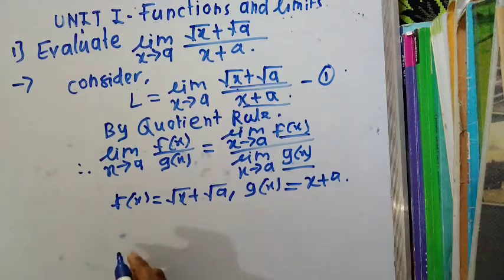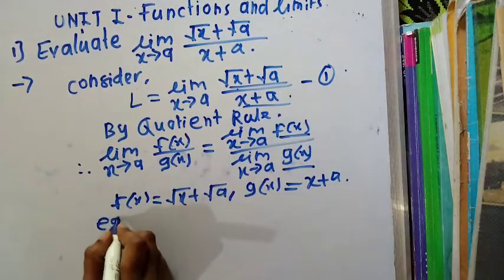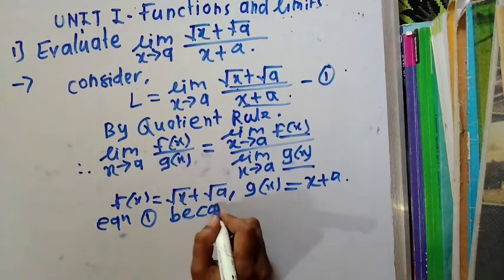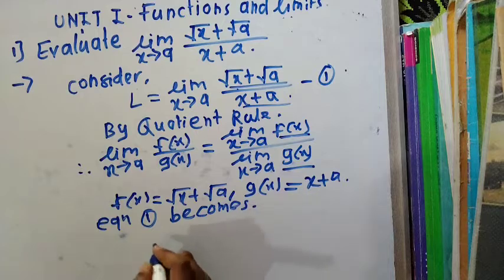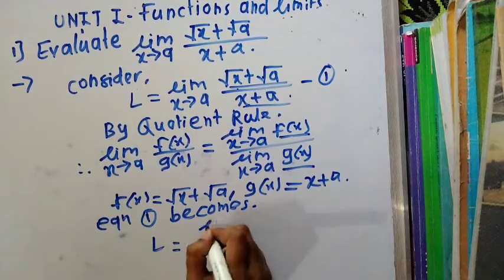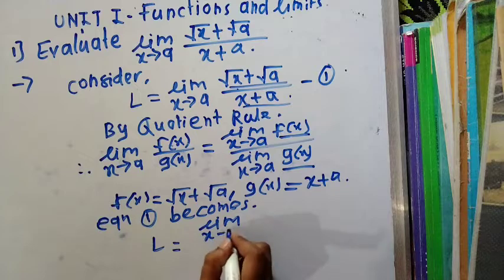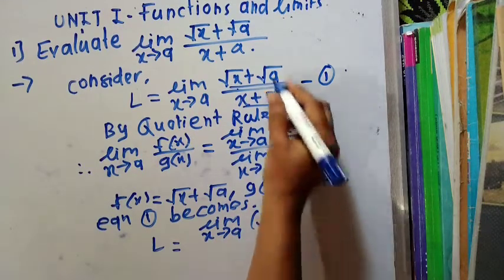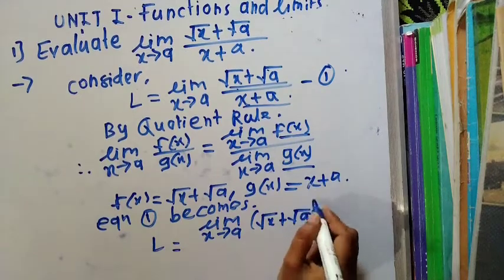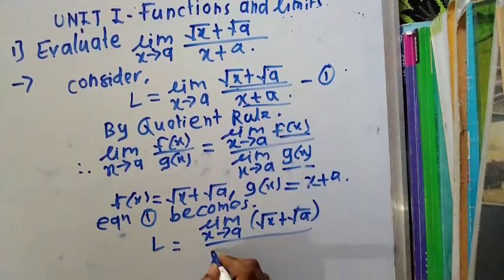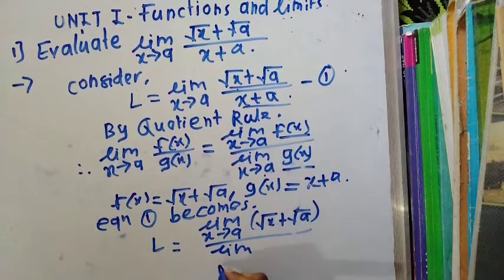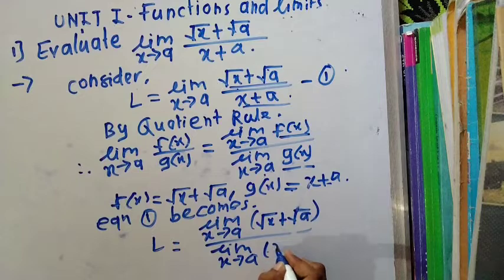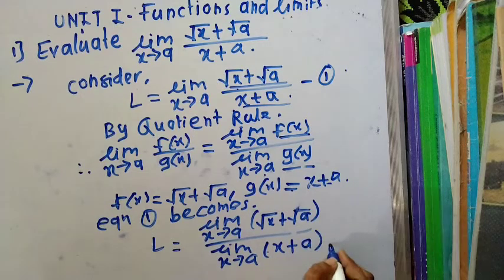So equation 1 becomes, by the quotient rule, limit x tends to a of square root of x plus square root of a, separating the limits, divided by limit x tends to a of g of x. G of x means x plus a.